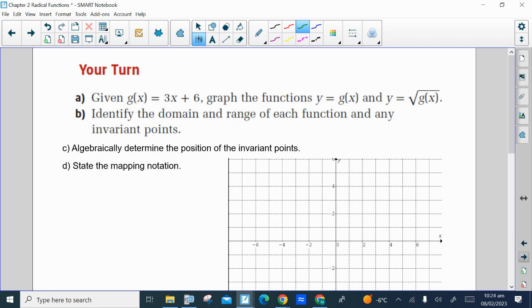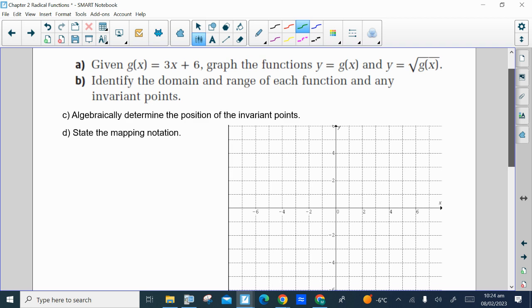So in this case, we're going to start with the graph of y equals 3x plus 6. So that's a linear function that has a y-intercept of 6 and a slope of 3 or 3 over 1. Now we don't have room here to rise 3 and run 1, but we can rise negative 3 and run negative 1. That'll work.